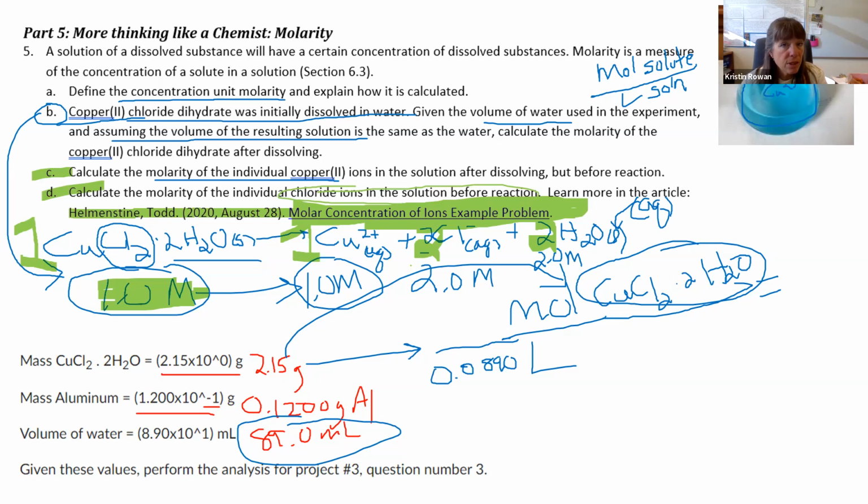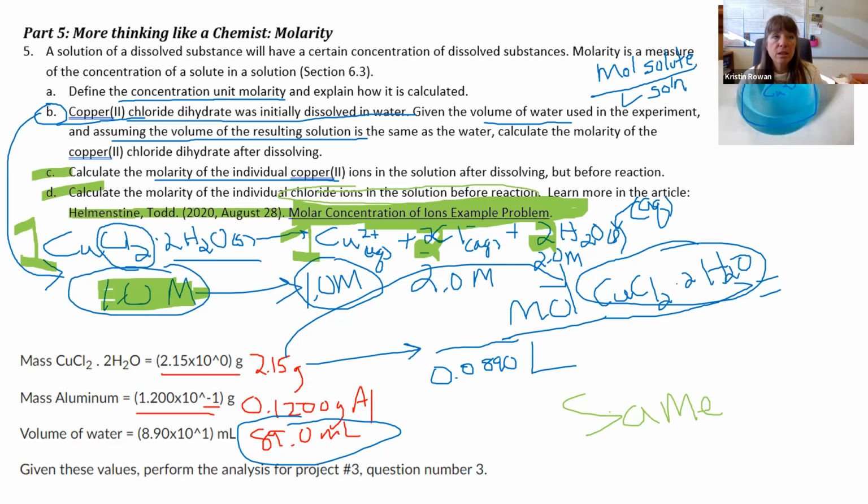So that might give you a little bit of a hint, because if chloride turns out to be a spectator ion, the molarity before reaction and the molarity after reaction should be the same. So when you do your calculations, make sure that is true. Do not report different amounts of chloride, because that's kind of impossible.